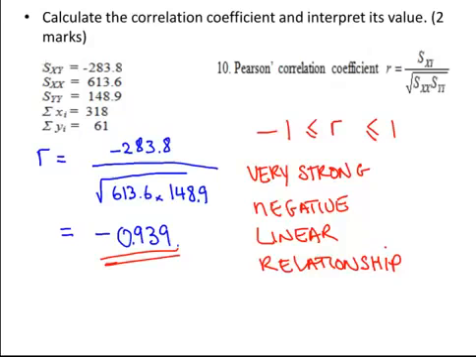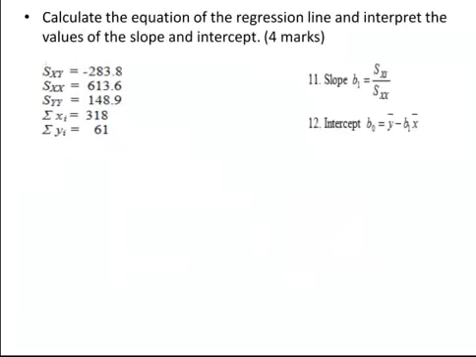We're going to move on now to the next part. We're going to compute the regression equation, and again we're looking at the back of the exam paper. The first term we're going to compute is the slope estimate, and then we are going to compute the intercept estimate. Essentially, we have to construct an equation of this form: the intercept estimate b0 plus b1 times x.